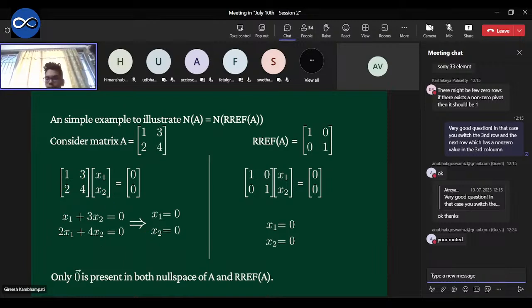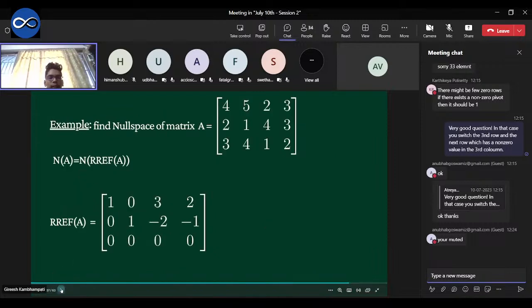By solving these equations, we will get x1 equal to 0 and x2 equal to 0. And the RREF of A is 1, 0, 0, 1, and multiplying by x1 and x2, we directly get x1 equal to 0 and x2 equal to 0. So only the zero vector is present in both the null space of A and of the RREF of A.